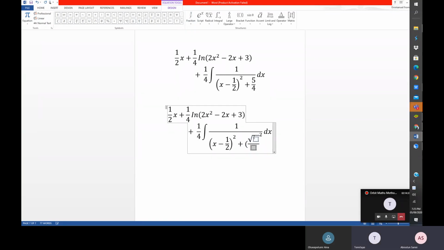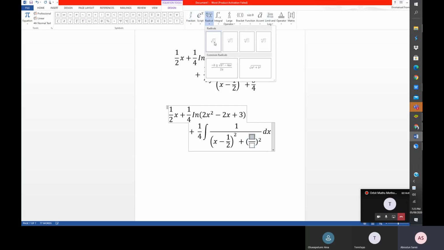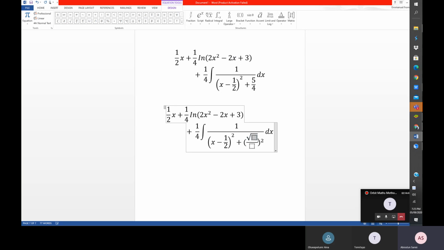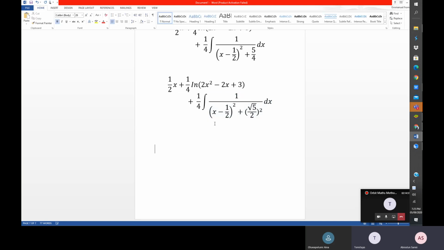That's 5 over 2. So this one will be square root here. So square root of 5 over 2. So the whole of these jargons now.